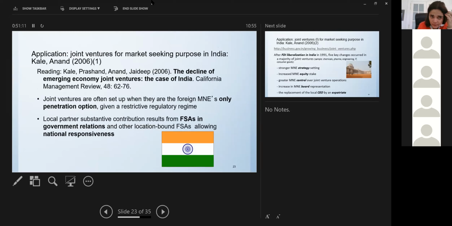There are some articles about the decline of what we call emerging economy joint ventures, published by some Indian scholars. It's interesting because you see there were many joint ventures in the emerging economies, especially in India, where the aim was actually market seeking. Right?